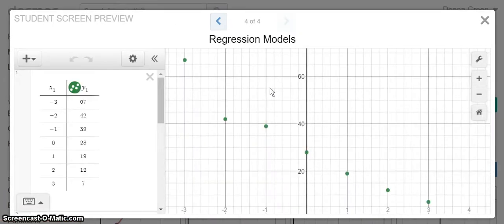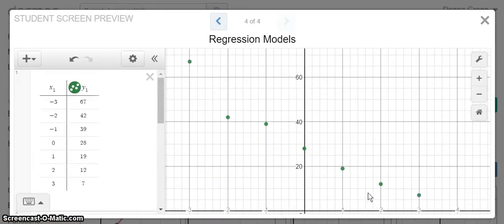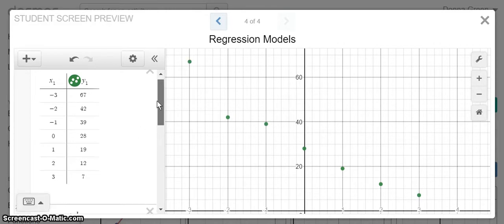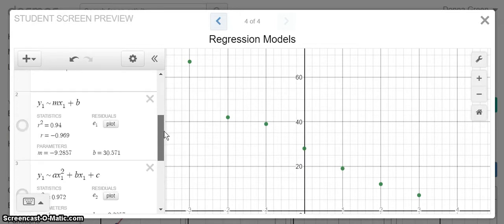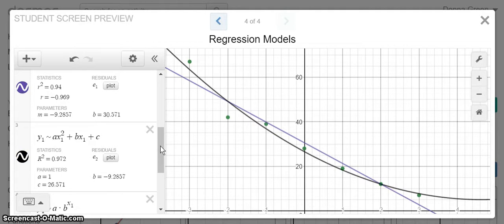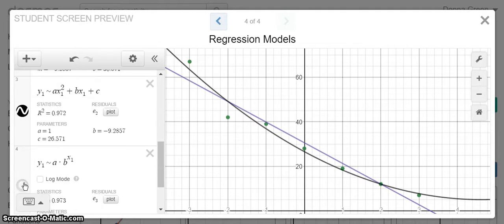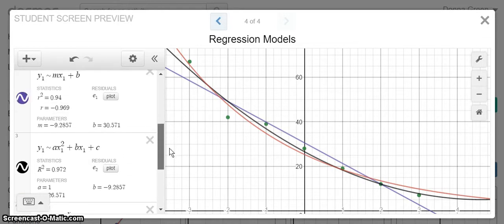And then the fourth part of this is that we could give them data such as this, where the students don't necessarily know whether it's linear, quadratic, or exponential. So they could put in a model for all three. They could make the line or curve of best fit for the linear, for the quadratic, and for the exponential. They can compare the R values. They can see they're actually all quite close.